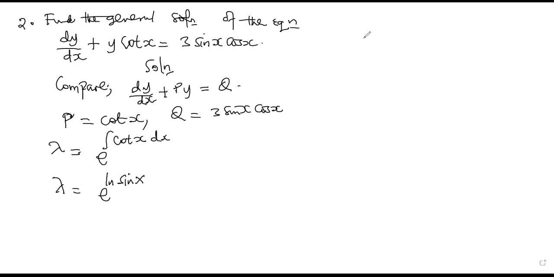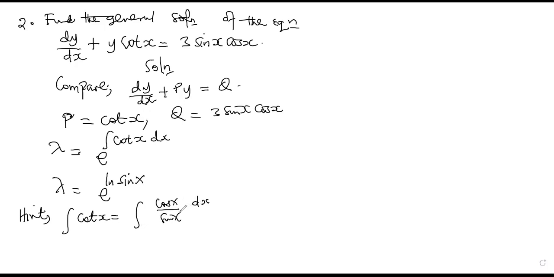To come to this, you need to be very sure. So let me give you a hint. The integral of cot x is equal to the integral of cos x over sin x dx.